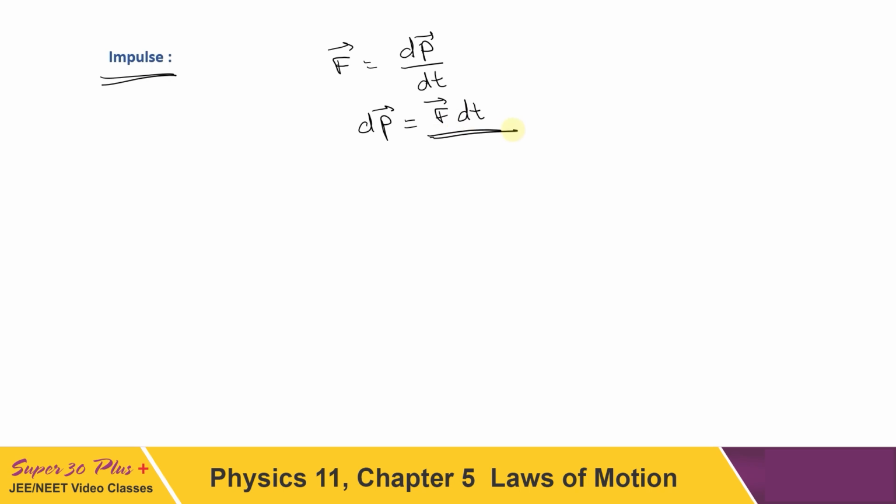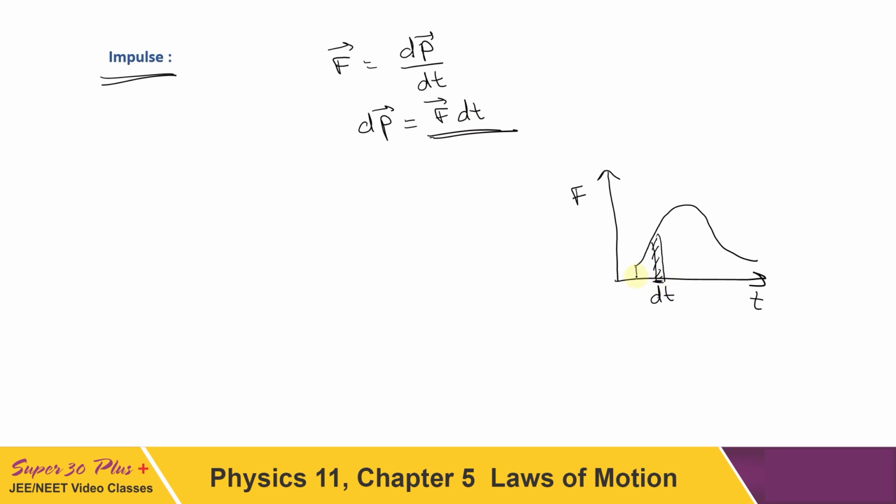Now as you can see, if we draw F versus t, and let this be the nature of the force which is acting, and consider a small time dt here. On the x-axis I have taken t, on the y-axis is F, then this area under the curve will be F dt. So that is the impulse for this small interval of time dt.